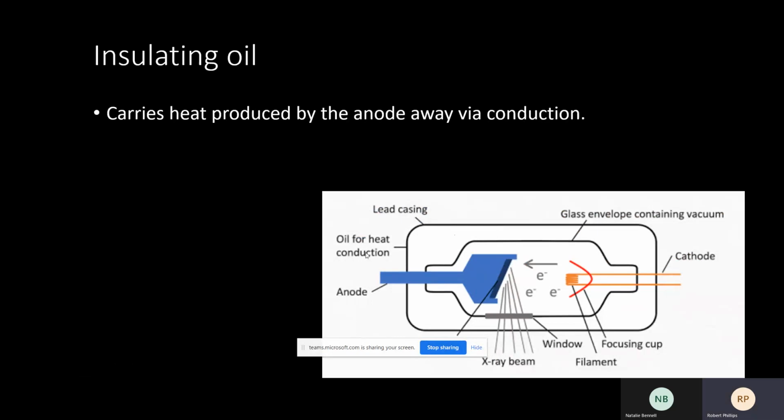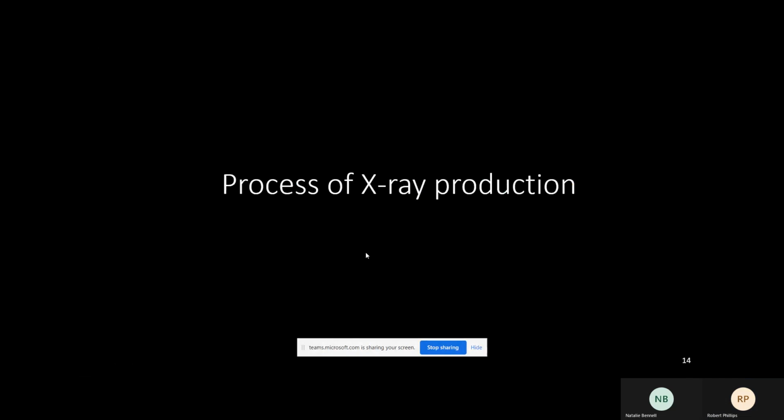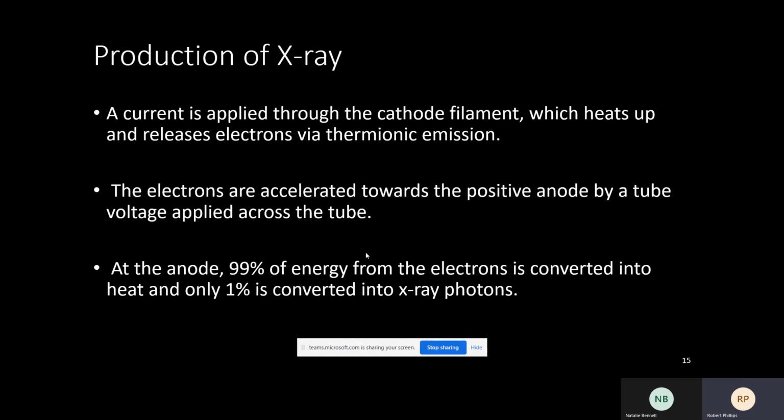So now we'll talk about the process of X-ray production. A current is applied through the cathode filament, which heats up and releases electrons via thermionic emission. And this current is called filament current. And this current determines the availability of electrons in the X-ray tube.